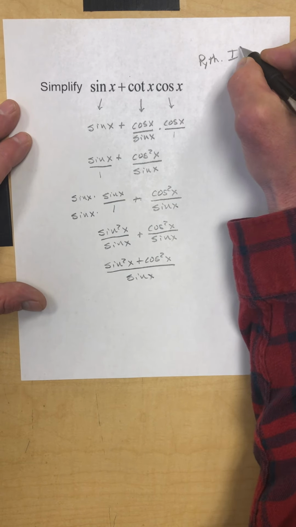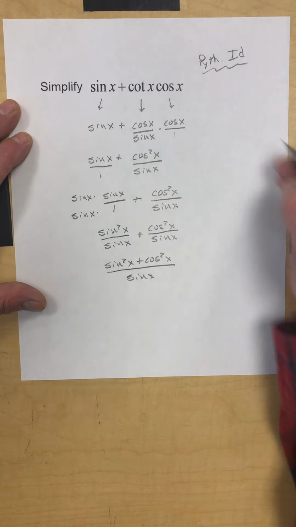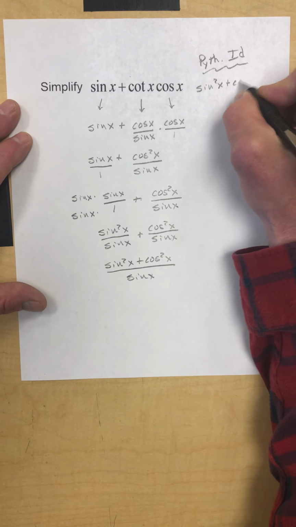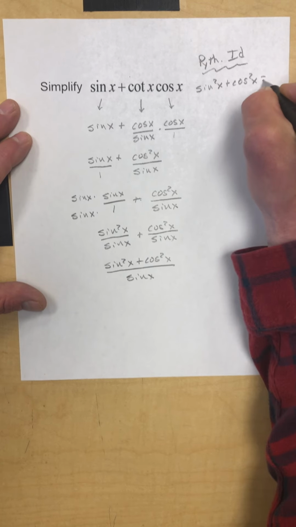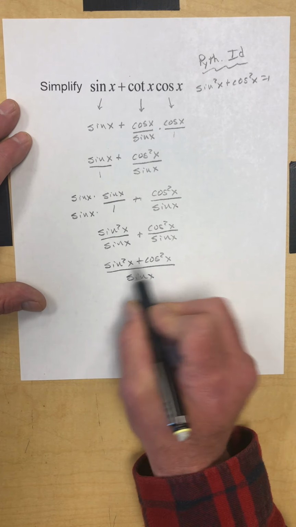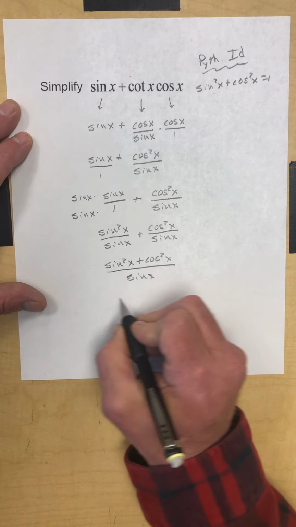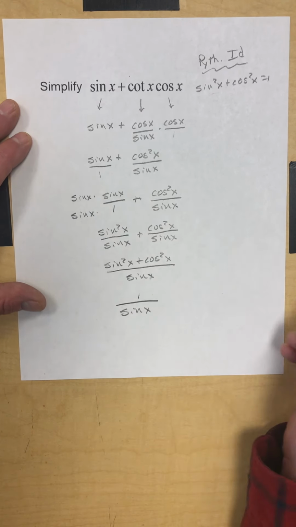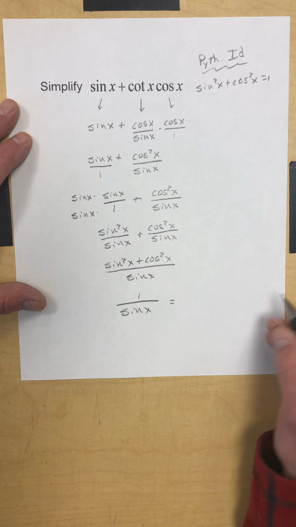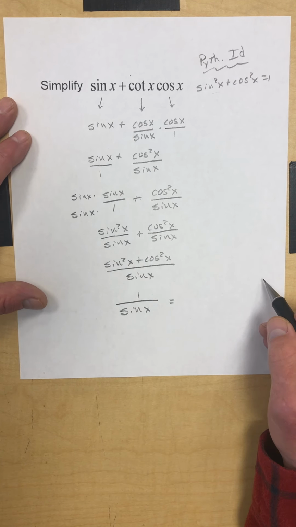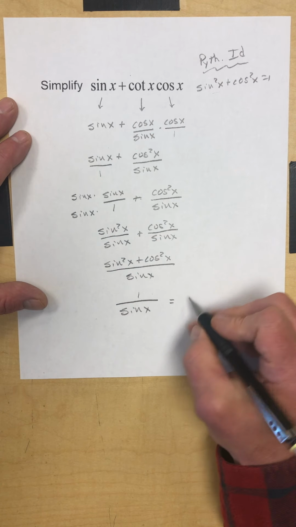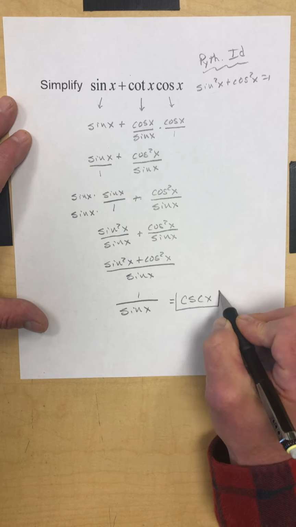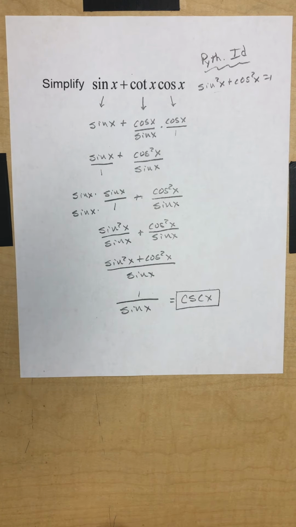Pythagorean identity, the most important one again. Sine squared x plus cosine squared x equals 1. So that means this numerator has to be equal to 1. So we get 1 over sine of x. And of course, 1 over sine of x is the reciprocal of the sine of x, which is cosecant. So that guy simplifies all the way down to cosecant of x.